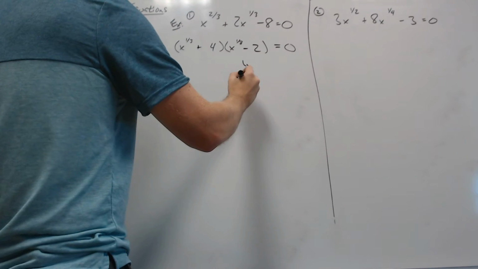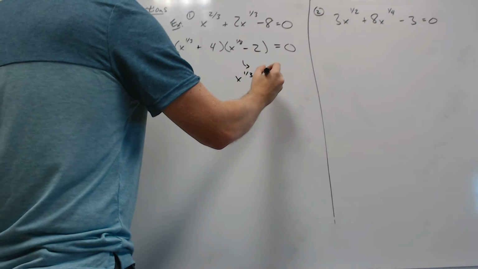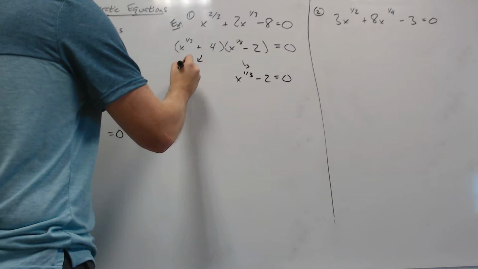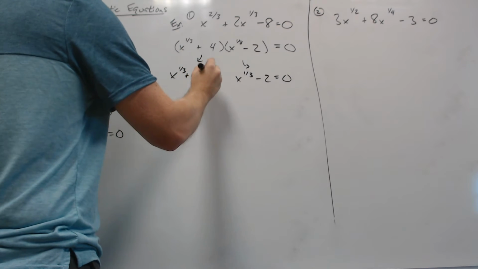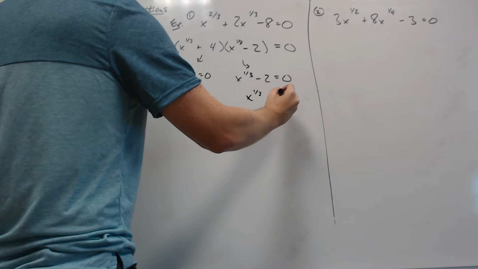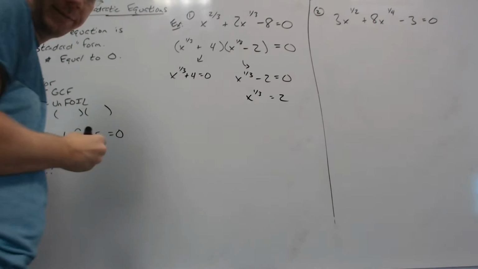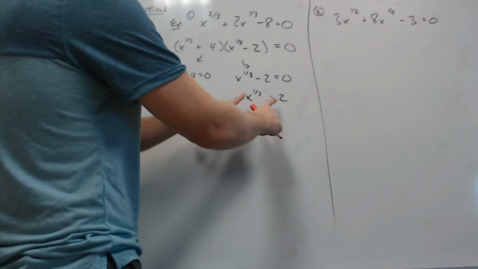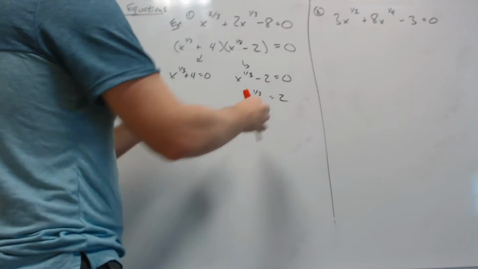And we solve. Set each factor equal to 0. So x to the 1/3 equals 2 after we add 2 to both sides. And again, at the end, we're going to use our techniques from mod 8.